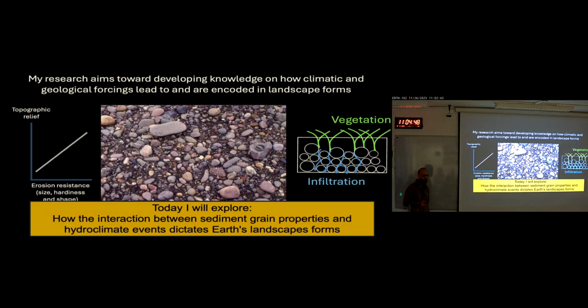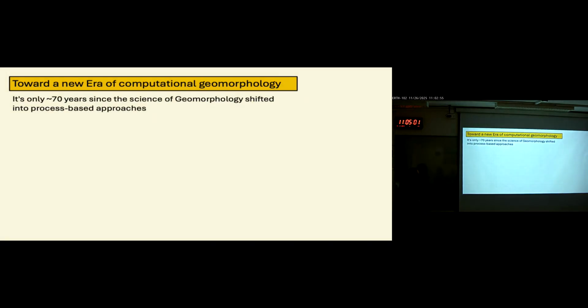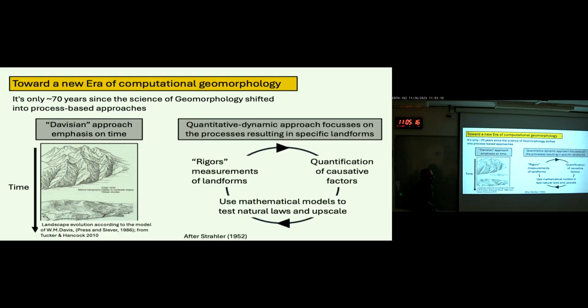The challenge of taking into account how sediment grain properties interact with hydroclimate is a long-standing challenge, and this is the focus of the talk today. So this is a challenge in part because this type of science of computational geomorphology is relatively new. It's only 70 years since the time-focused, evolutionary-based approach was transformed into more computational, process-oriented approaches.